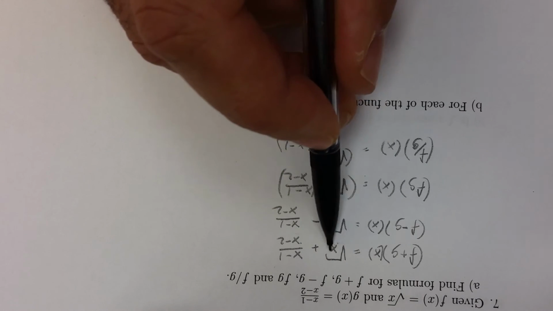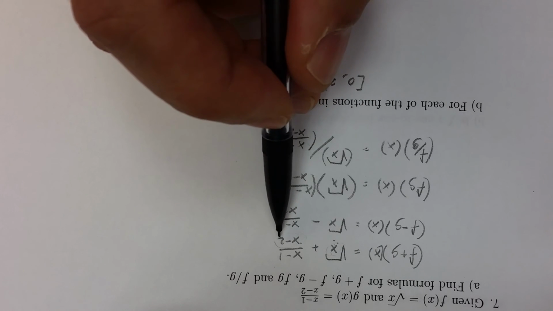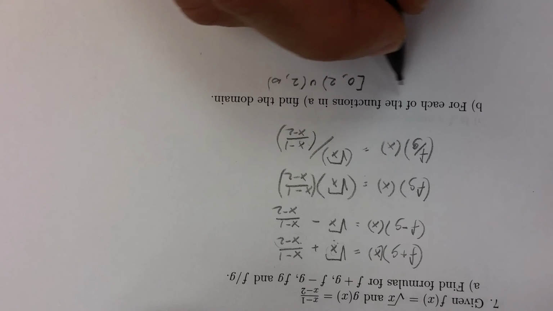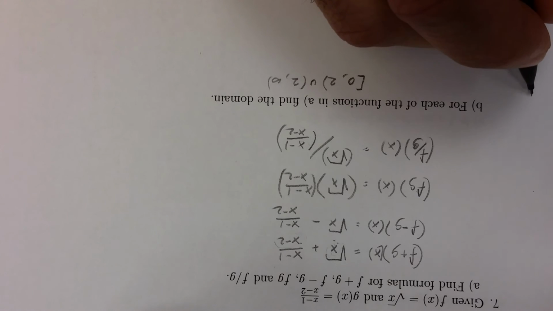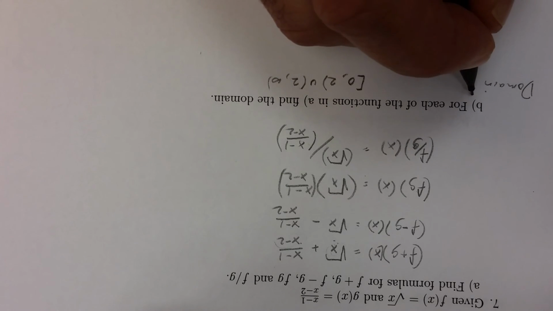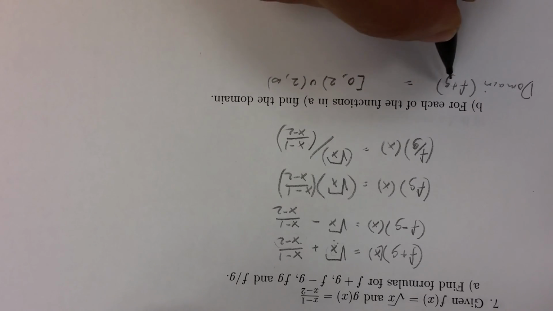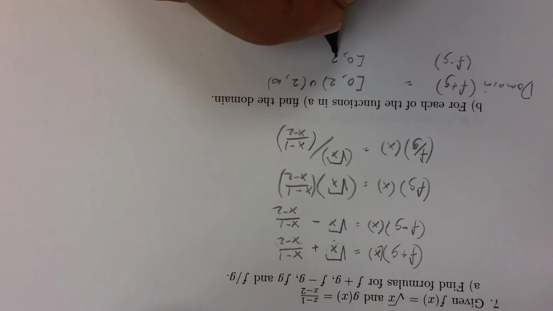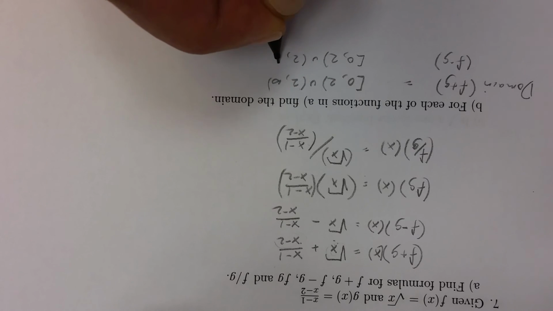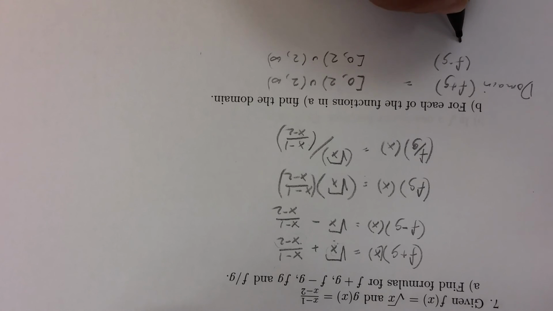So again, we want to make sure that what's underneath the square root is non-negative and what's in the denominator is not 0. So that's for f plus g. The domain of f minus g, same thing, exactly the same answer, 0 to 2, and everything from 2 to infinity. F times g, exactly the same.